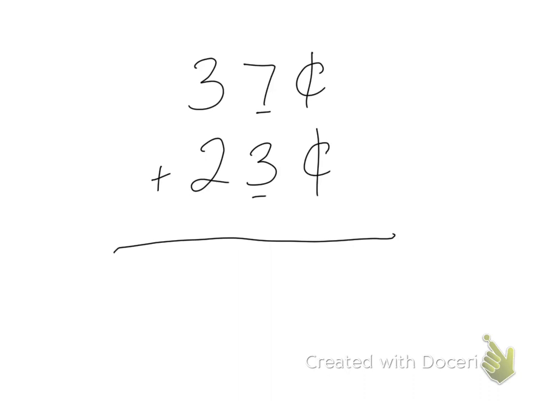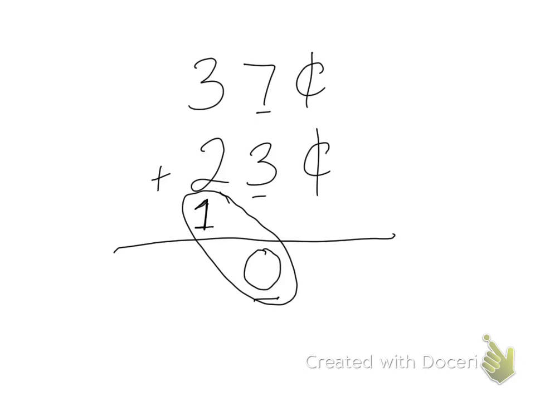So I write a small 1 underneath the dimes column, because I'm trading 10 pennies for a dime. And then I write a 0 below the pennies column to show that I have no pennies left. We still have the 10 pennies, we just traded the 10 pennies for 1 dime.